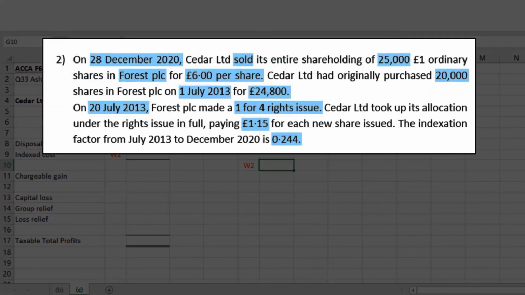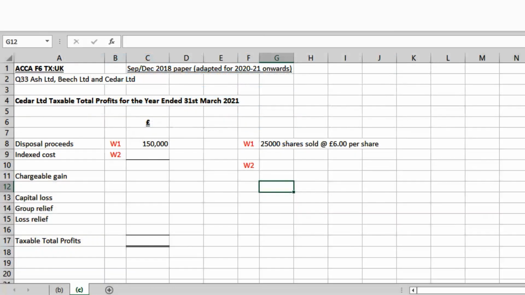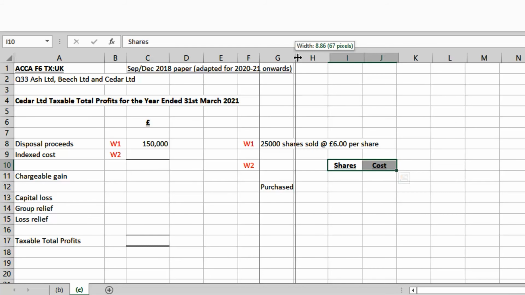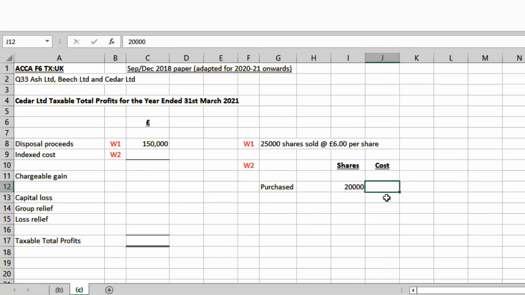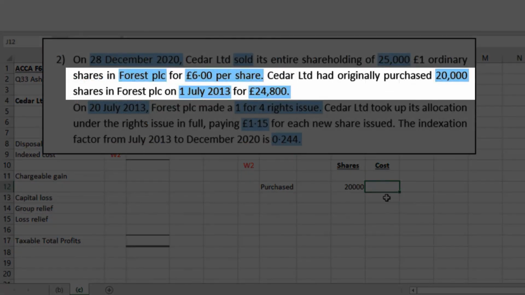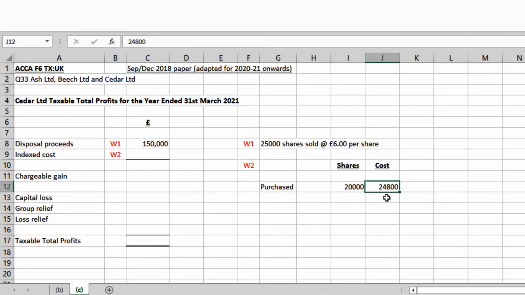They had originally purchased the shares, so you can make up a share pool, shares and cost. Usually that's how you would do it. 20,000 shares were purchased at a cost of 24,800, as per the question information.